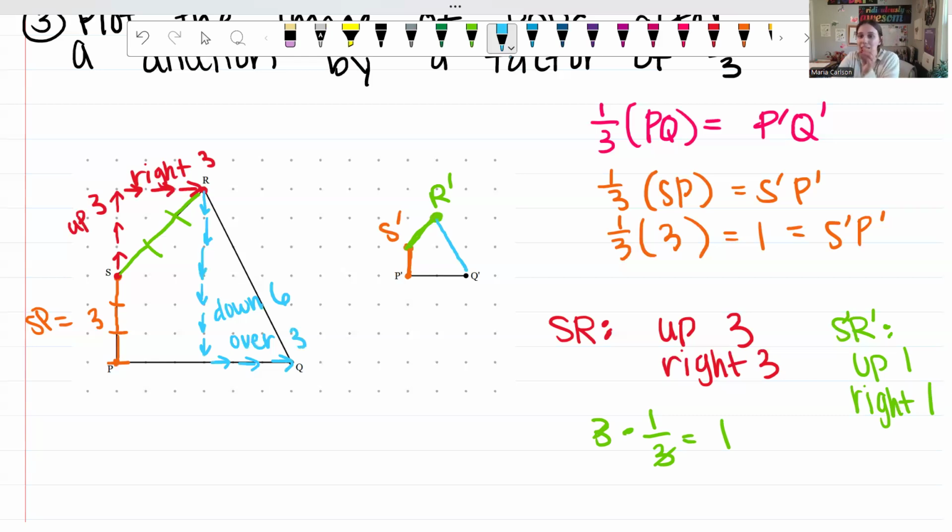So in my mini diagram, instead of going down 6, I'm going to go down 1/3 of that. So down 2 and then over 1. So it's almost like taking that scale factor and applying it to the slope in a way, but we're not really using the slope for its slope.